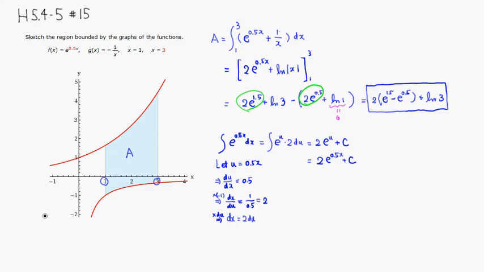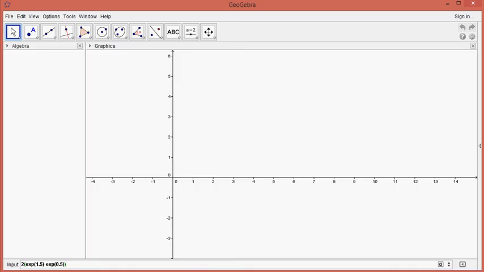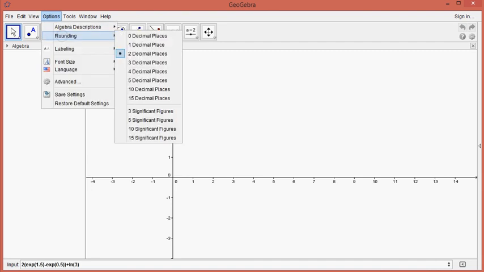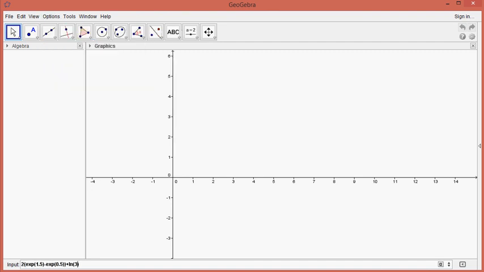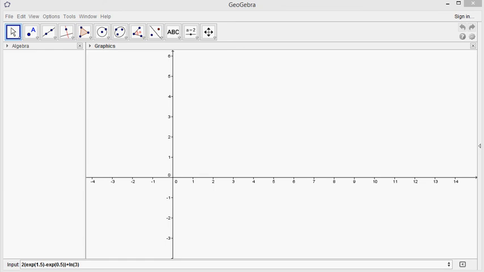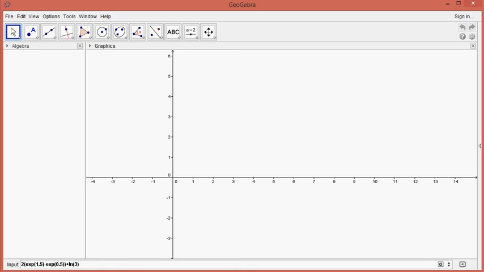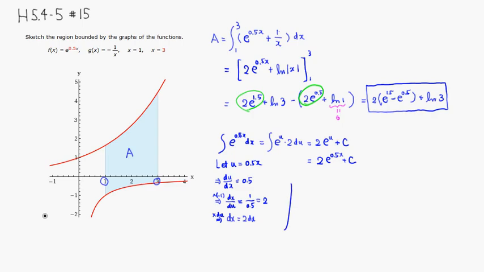Actually plus, so plus natural log of 3. Then 3 decimal places. Hit enter. So we got 6.765.